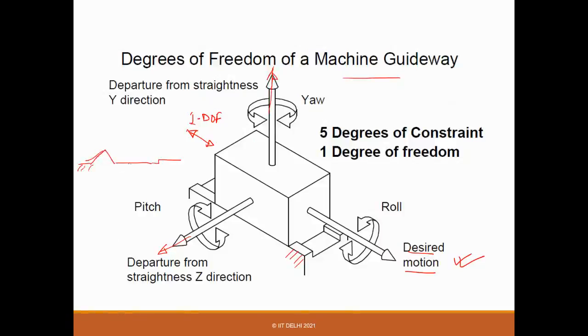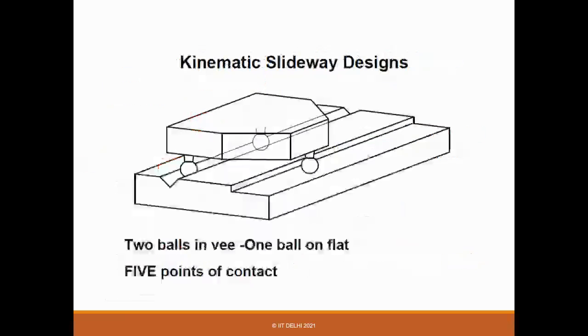So this is the base. On top, we'll have this V, or it may be the other way around, right? Resting on V, and this side will be a flat.